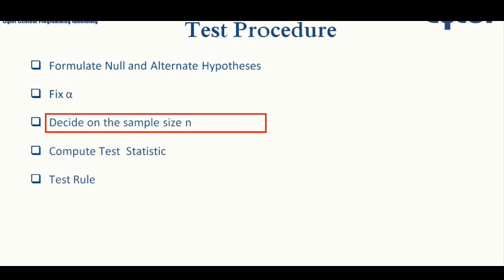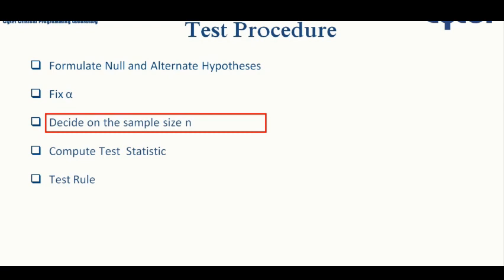But having fixed alpha, the power becomes a function of sample size n. It can be a function of delta also, which is the difference to detect. We will not go into the details of determination of this sample size. One way or the other, you determine the sample size n.